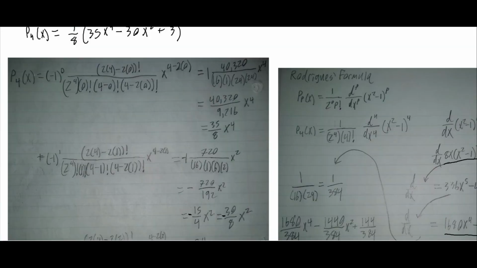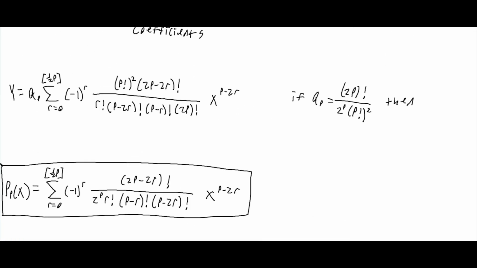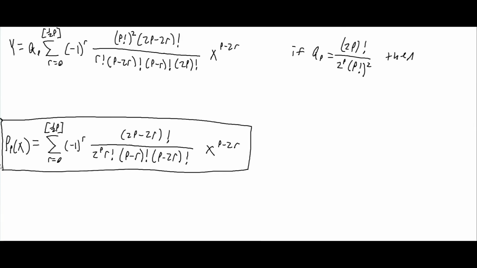And so these are the two ways that you can get the Legendre polynomials. You can do it from all this, which we got from our Frobenius method of solving this particular second order ordinary differential equation, and that ended up giving us this formula right here.